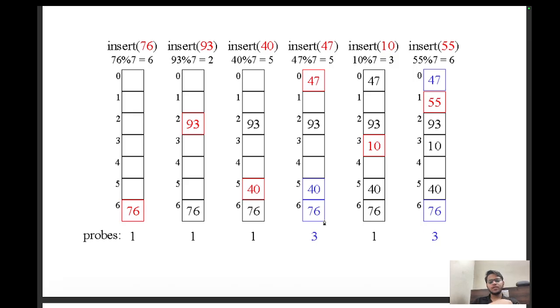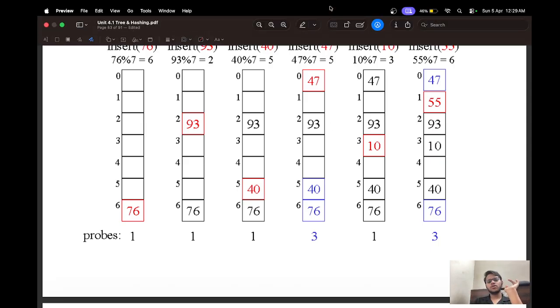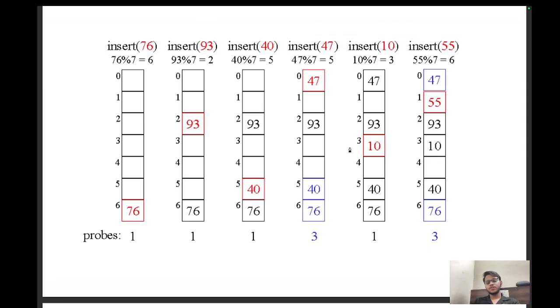For 47, we have seen that the bucket we first found was 40, so it was not free. So we moved on to 76 and then to the zeroth place. So the first probe to find the place for 47 was the fifth bucket, but it was not free at that time.